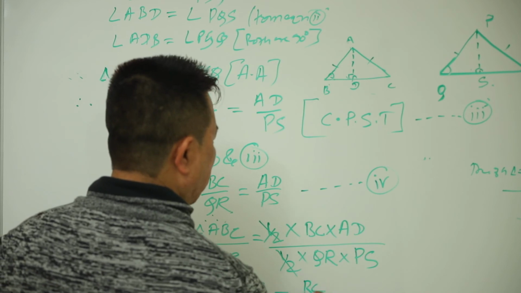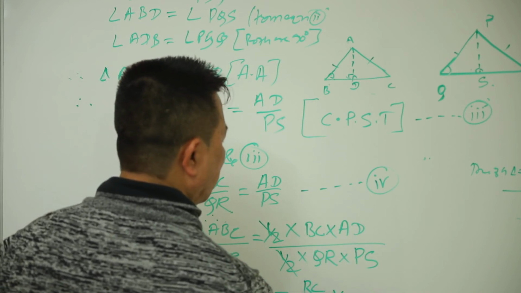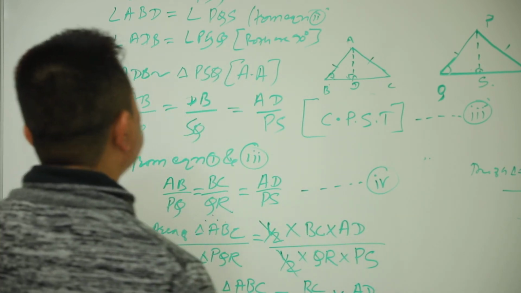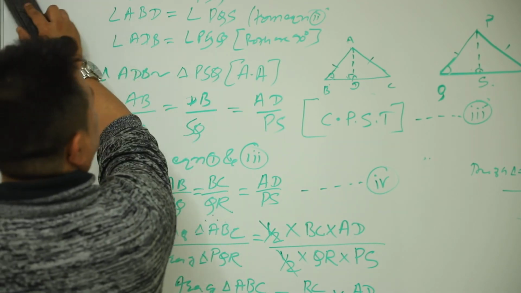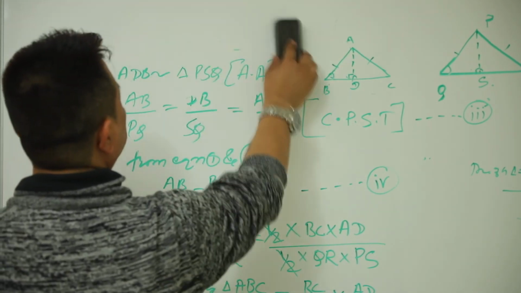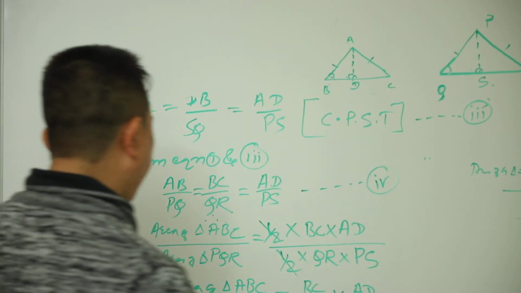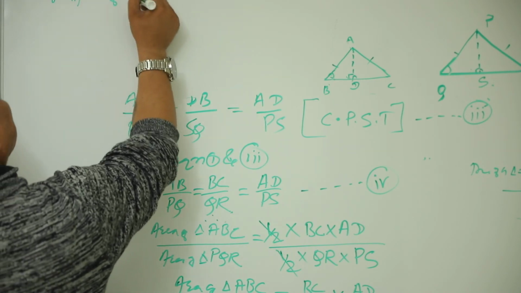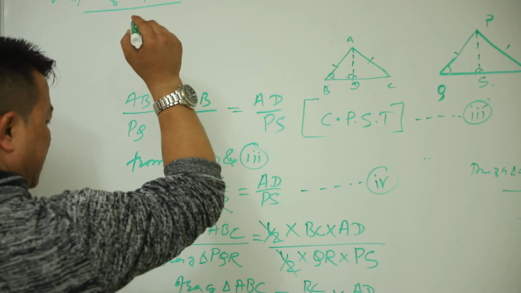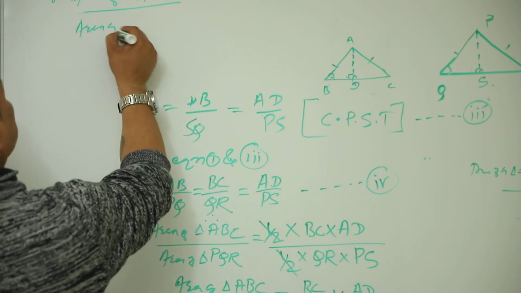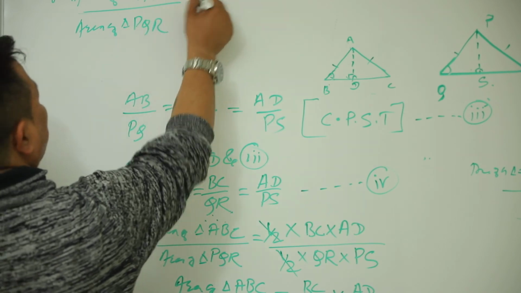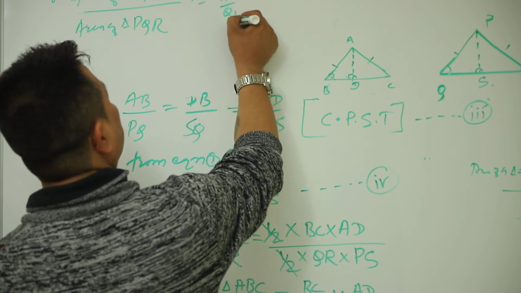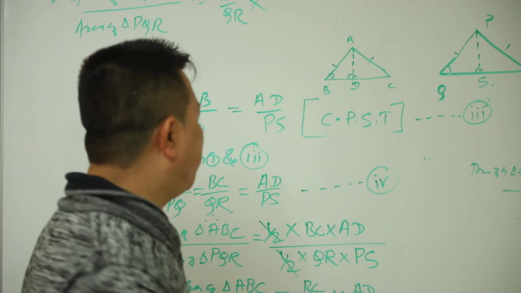You can write BC upon QR into AD by PS. Now what can you write? Area of triangle ABC divided by area of triangle PQR equals to, now BC by QR, keep it as it is, into AD by PS.